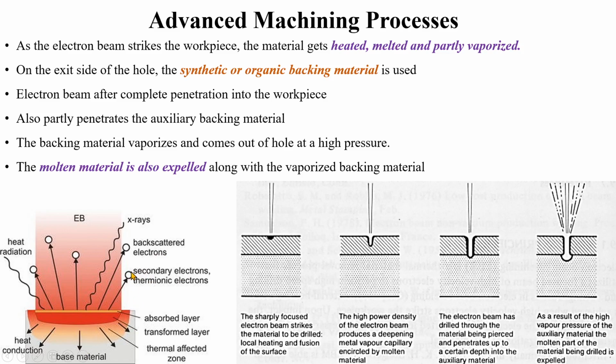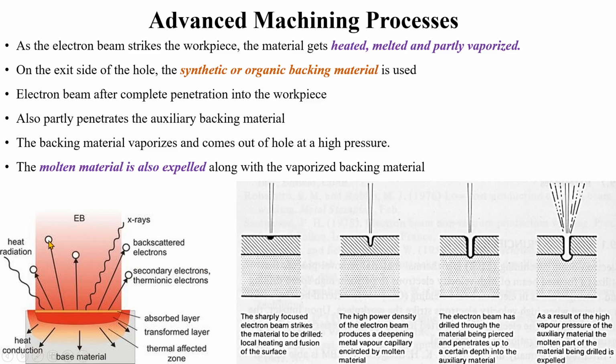Those electrons are called secondary electrons. The backscattered electrons are the same electrons that strike the workpiece material, but the secondary electrons are from the workpiece material. The electrons from the beam knock away some of the electrons from the base material into the environment. So these become the secondary electrons, and the backscattered electrons are the electrons in the beam which get scattered away from the workpiece material.